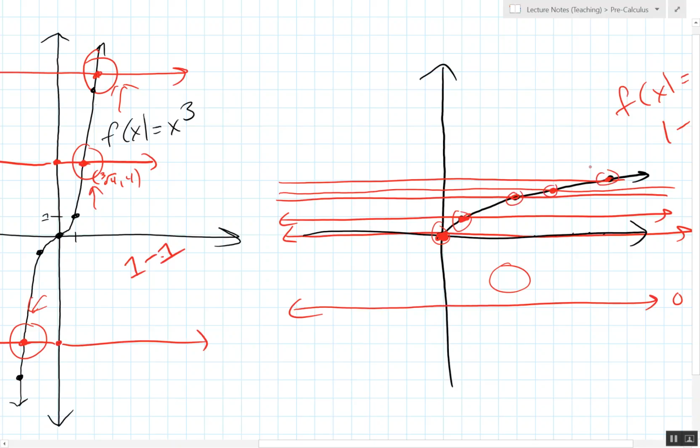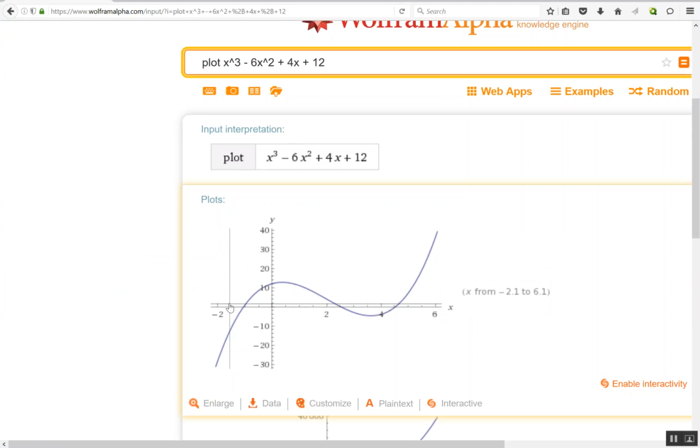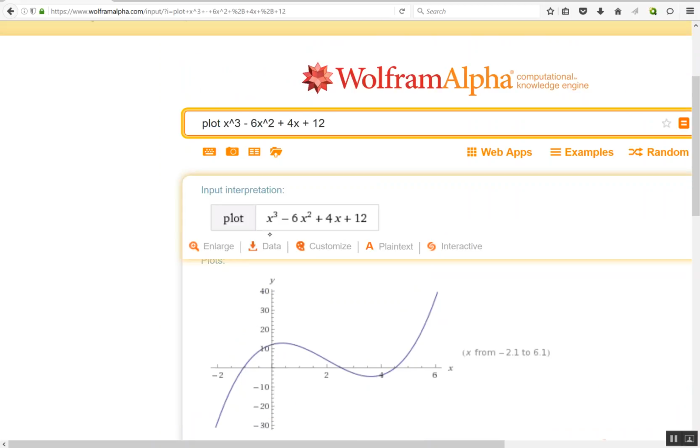One thing I do want to be careful of, especially since a lot of you will have the tendency to want to just graph it, is that you have to be careful when determining one-to-one from a graph, especially when using technology. This example I pulled up in Wolfram Alpha is a perfect example. Here I asked the computer to plot x cubed minus 6x plus 4 plus 12.